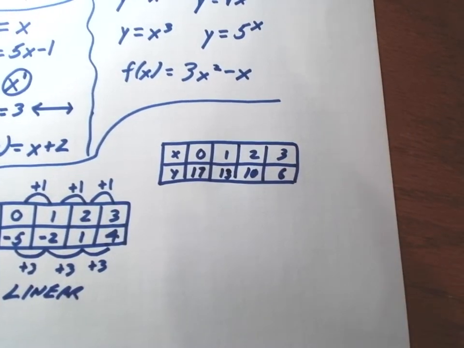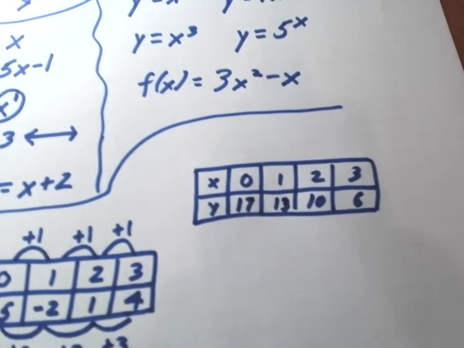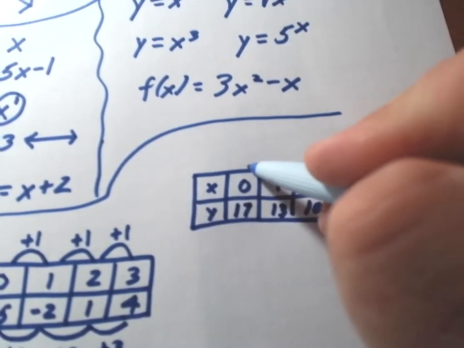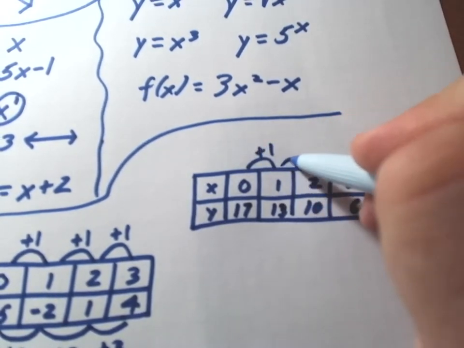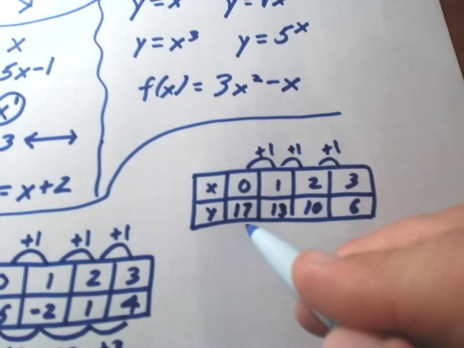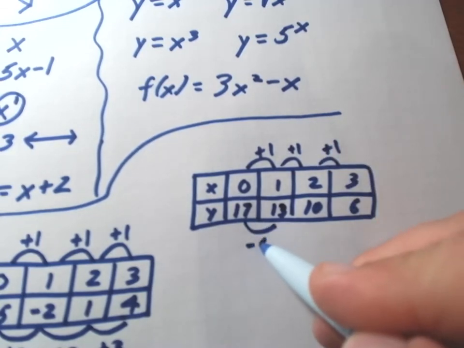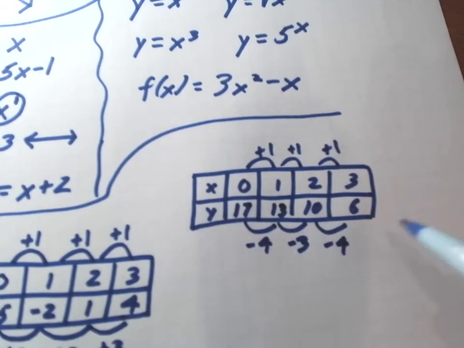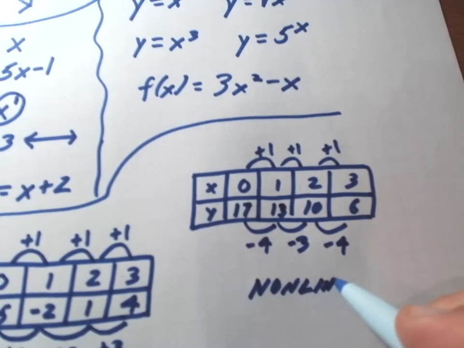Okay, well, what's happening in this particular example is here I'm going up by 1 again, and by 1 again. But if I look on the bottom, my y's are going down 4, down 3, and down 4 again. This is not a consistent relationship, so we say that this is nonlinear.